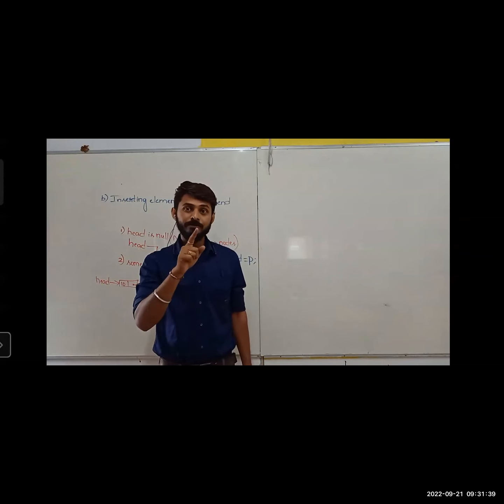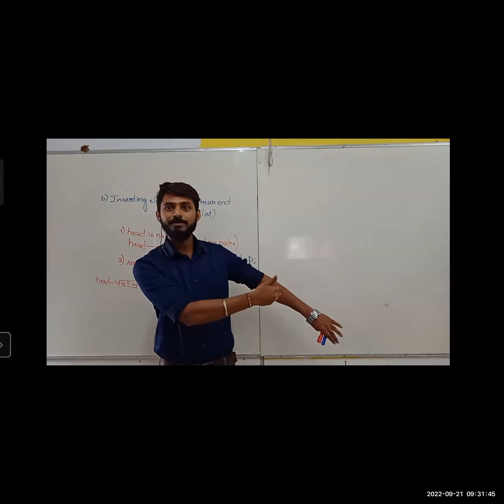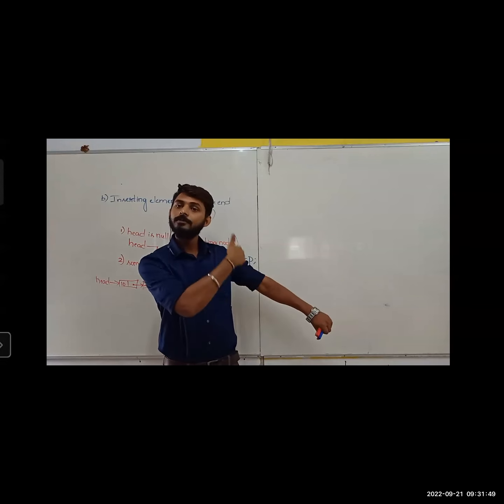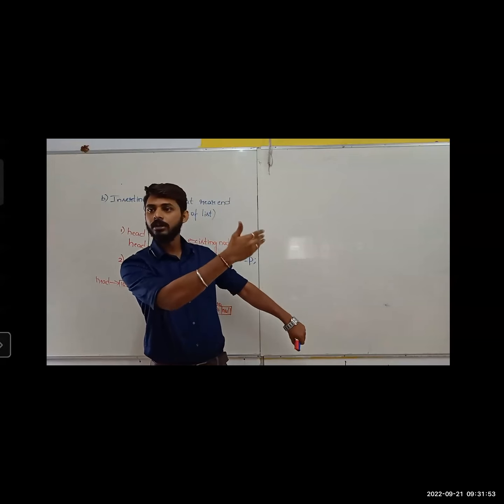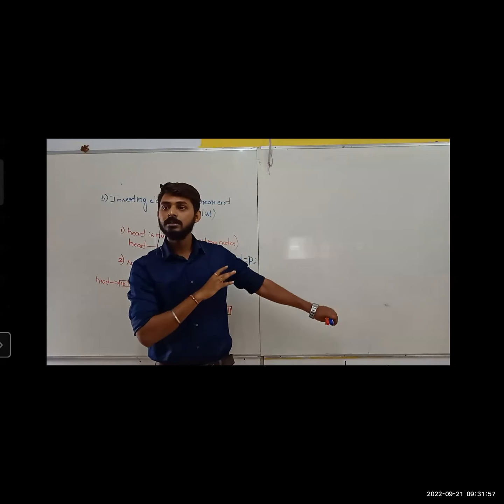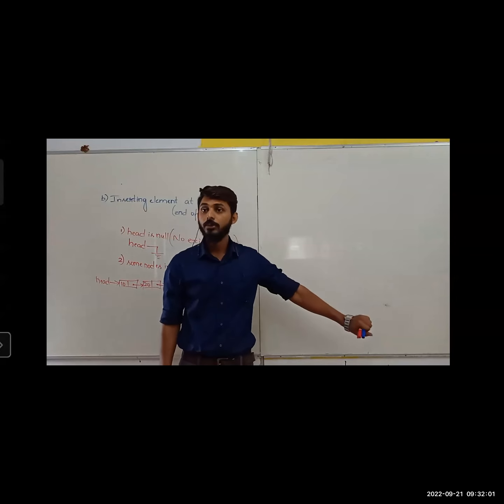First, I should check the first person. Where is he connected? He is holding the hand of the person beside him, so I'll go to that person. That person is holding the hand of another person beside him. Like that, I'll continue till I find no person there, wherein there are not two hands.